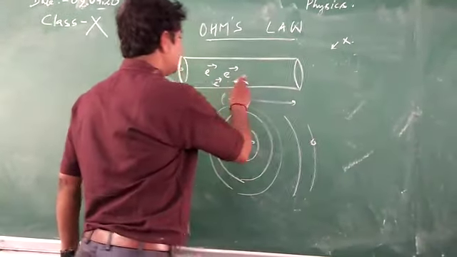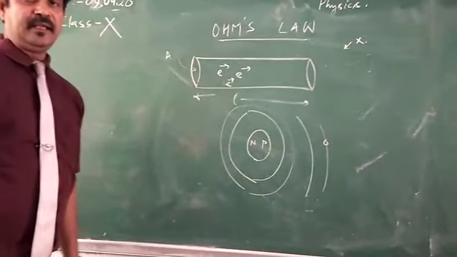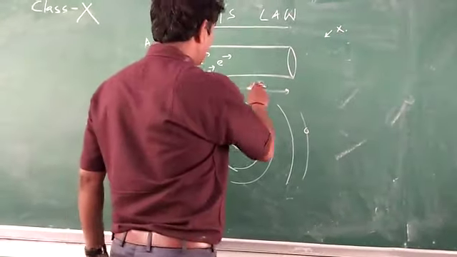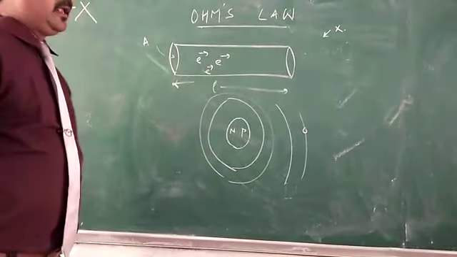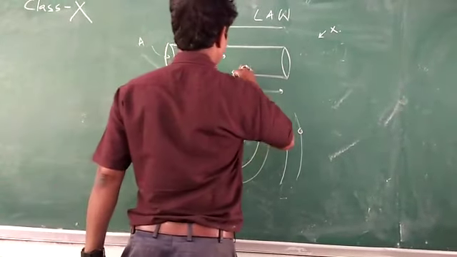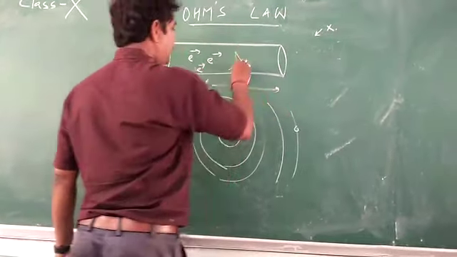When these free electrons move inside the conductor, they move randomly. They move here, here, here, here.